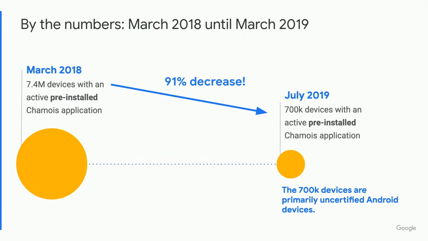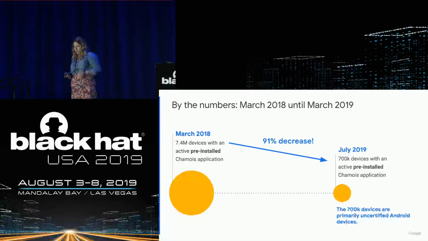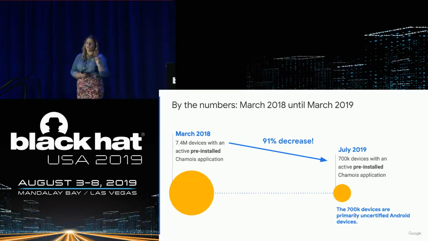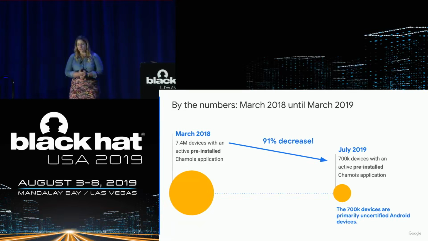So, by the numbers. These numbers differ slightly from what I presented at Kaspersky, because Kaspersky was all devices infected, whereas this is the pre-installed affected devices. In March 2018, 20 million devices as a whole were infected with an active version of Chamois, and of those, 27.4 were pre-installed.